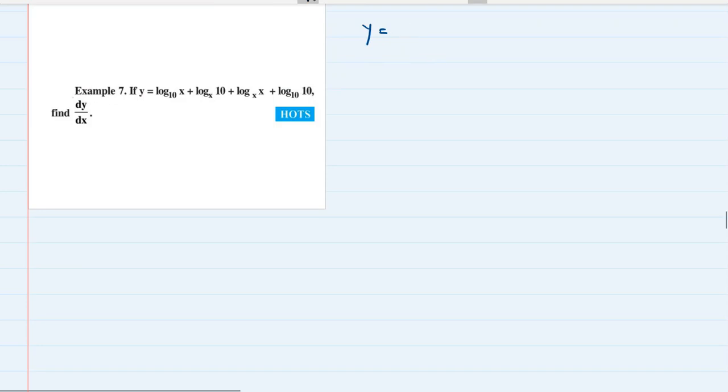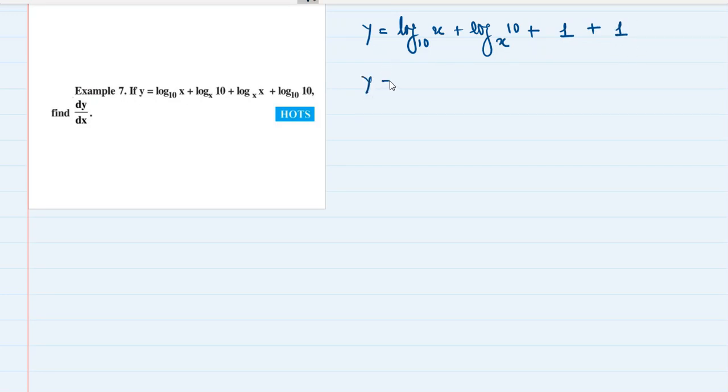So y is equal to log of x to the base 10 plus log of 10 to the base x plus log of x to the base x, which is 1, plus log of 10 to the base 10, which is also 1. We know the rules of logarithms.